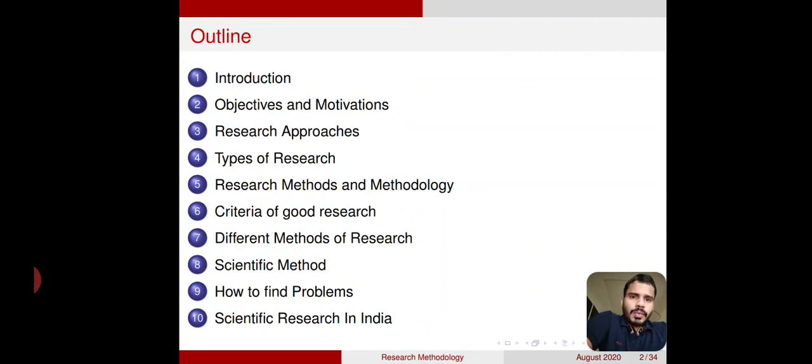In this unit, we will cover a brief introduction to the research and what are the objectives and motivation to do research, and what are the different approaches in research, different types of research, and what is meant by research methods and methodology, and what are the criteria of a good research, and different methods of research, the scientific steps to doing a research, how to find a good problem, and what is the current research innovation in the scientific research in India.